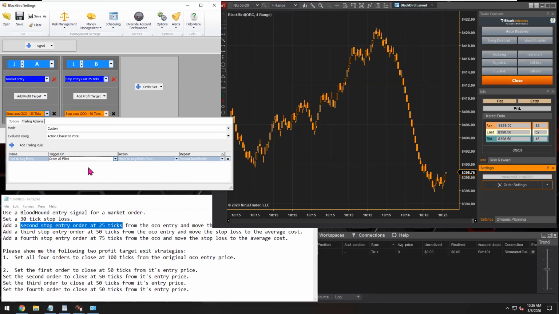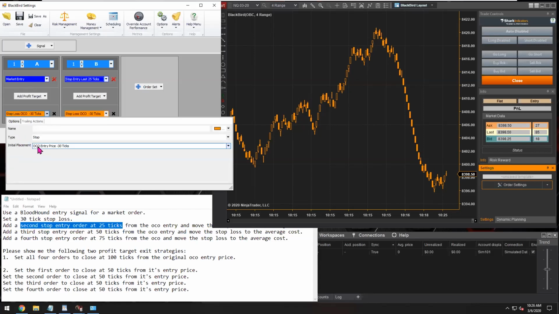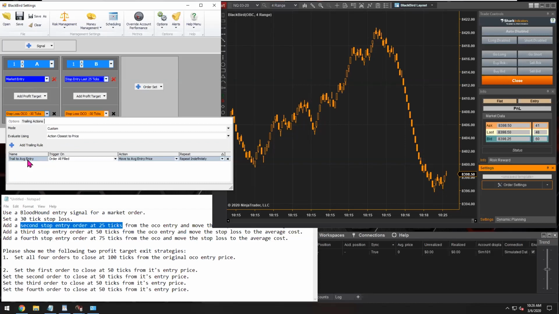Right, so if we didn't have this trigger, our stop loss would get placed at 30 ticks, and then the trailing rule would immediately kick in and move our stop loss to the entry price, right away, as soon as this first order gets filled, right?